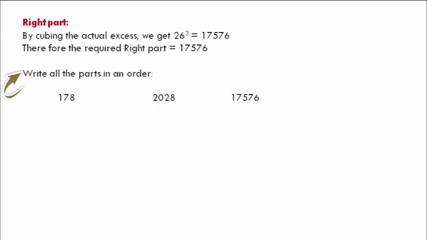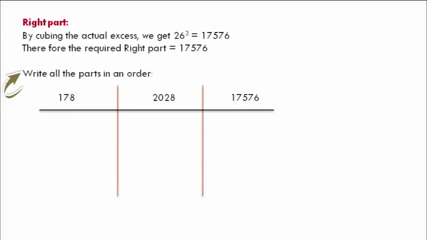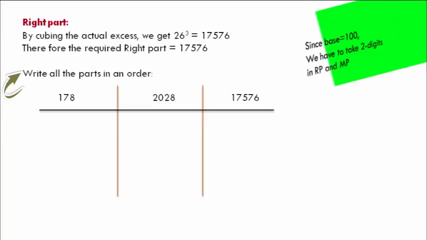After writing these three things in order, let us place some horizontal and vertical bars like this. Friends, as I have said, we are finding the cube of a 3-digit number and the base is 100. So we have to take only 2 digits in the right part as well as in the middle part. If you observe the right part, what we have got is 17,576. It is a 5-digit number.